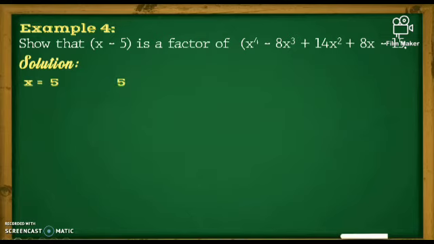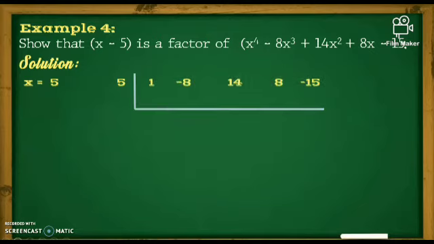So using the synthetic division, 5 is our divisor, and take all the coefficients of x, which are 1, negative 8, 14, positive 8, negative 15. Take down 1 and multiply with 5.